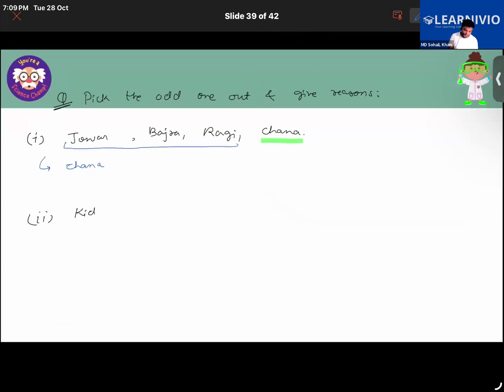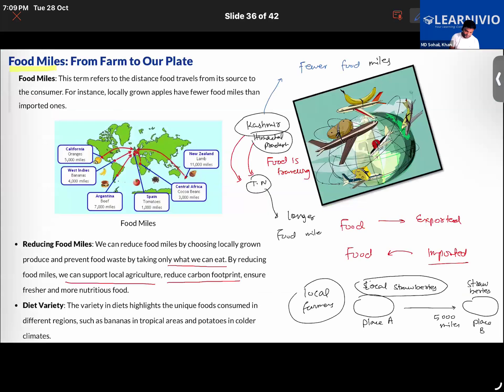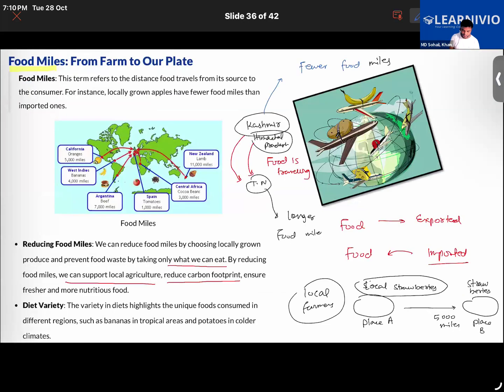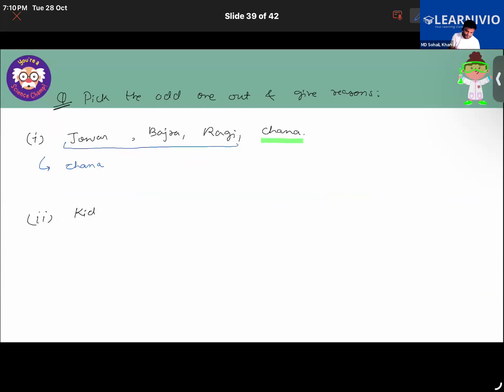Diabetic people are recommended to eat them, but what kind of food items are they? Are they millets or cereals? You forgot about it. See here, jawar, bajra, ragi, what are they? They are examples of millets.